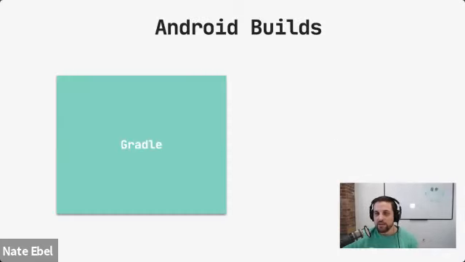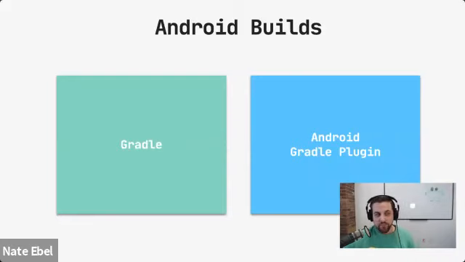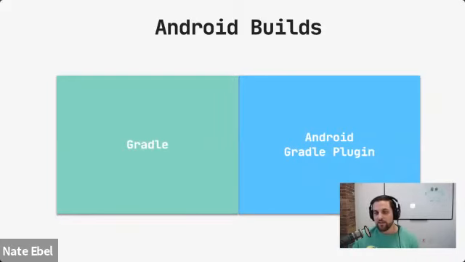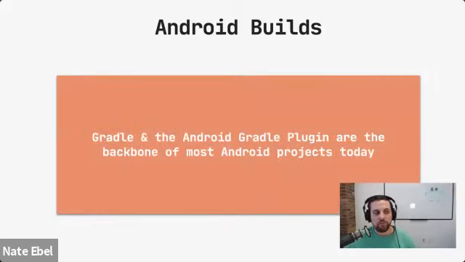Gradle and the Android Gradle plugin are really kind of the backbone of modern Android development today. We don't think about it all the time, but when we create a new Android project, we click the little green run button. It's really Android Gradle plugin and Gradle working together to build our project, to deploy it, to build our libraries.